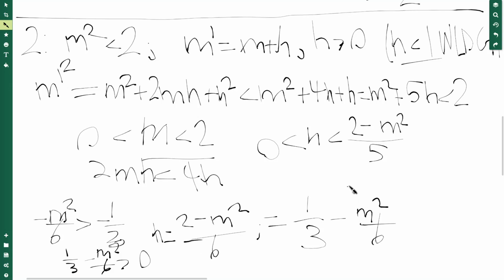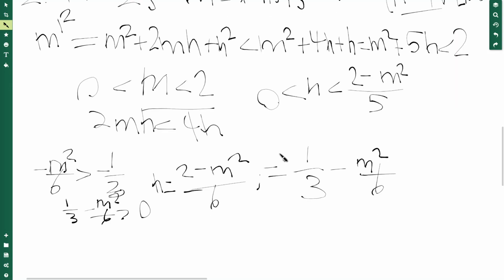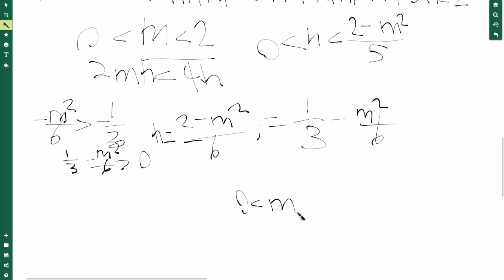Oh yeah, there's technically one more part here, which is to show that, given this h here, m plus h is actually greater than m prime. And to do that, it's not too hard, right? Because we actually have that 0 is greater than m.